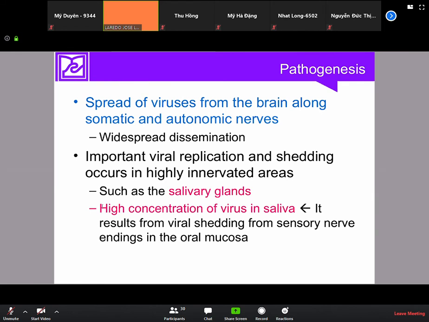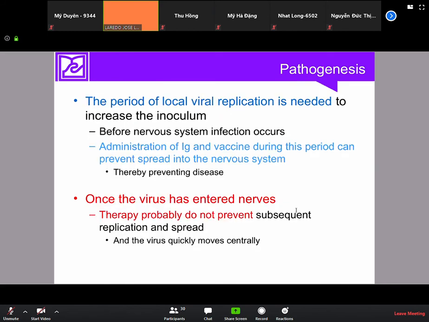So, as I told you before, the virus is found at the end in highly innervated areas, mostly the salivary glands. So there is a high concentration of the virus in saliva. Again, the most important step in the pathogenesis of rabies is when the virus enters in the local peripheral nerves.